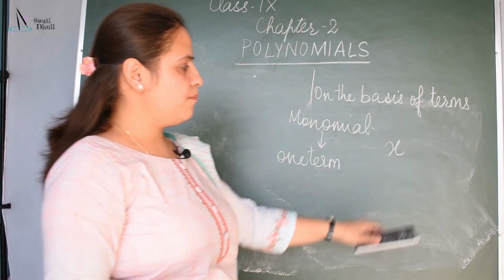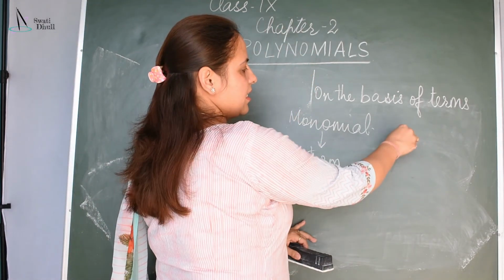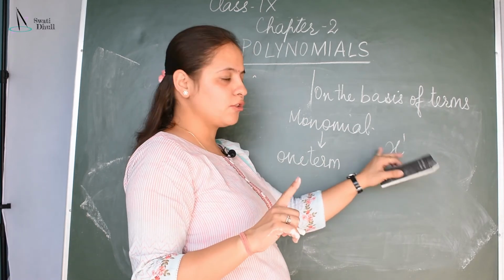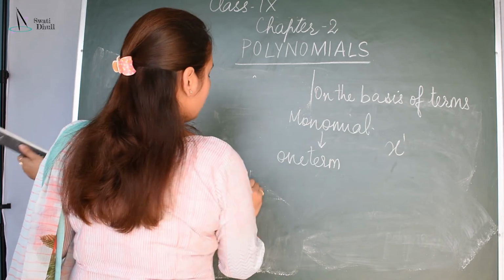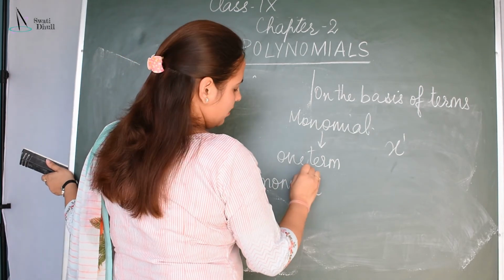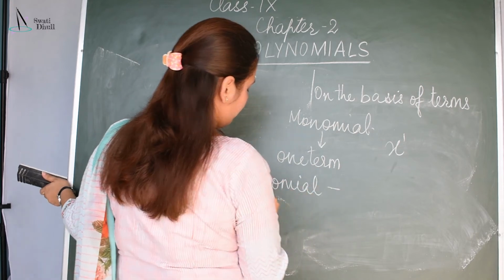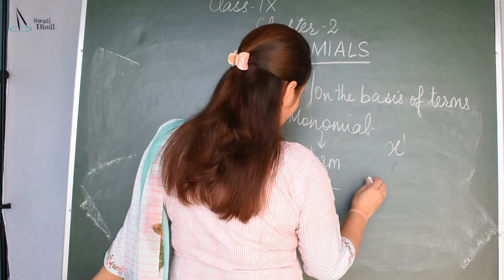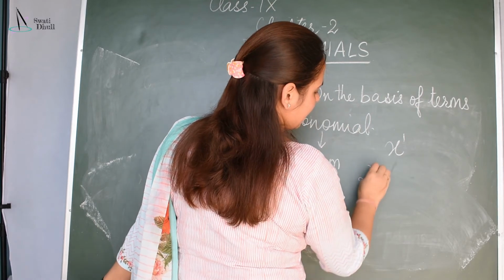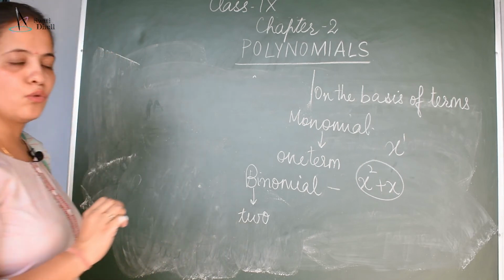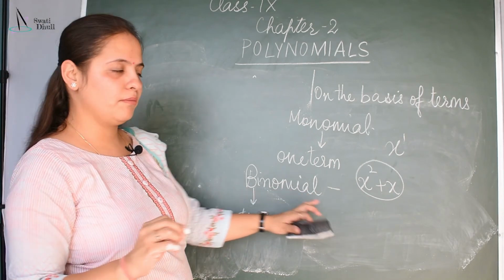This is a polynomial having degree 1 and coefficient 1. It has only one term, so it is known as a monomial. Binomial: bi means 2. So a polynomial having two terms, let's say x square plus x, is known as a binomial.